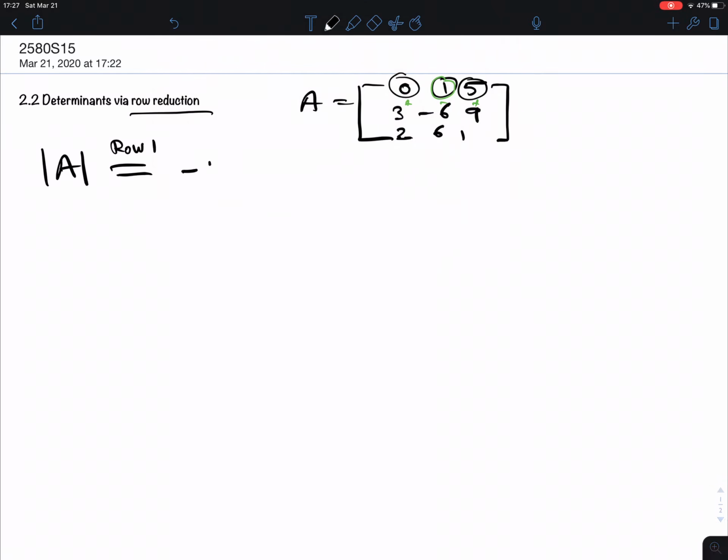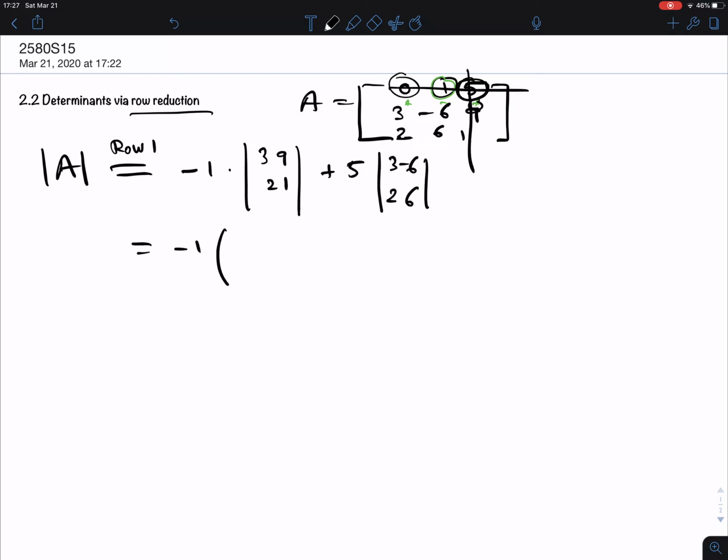We get -1 times what is left. We scratch out the row and column and we see 3, 9, 2, 1 is left. And then we have this factor with a plus sign, so plus 5, and the cofactor is now 3, minus 6, 2, 6. So we can work this out.